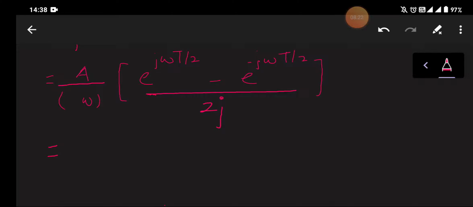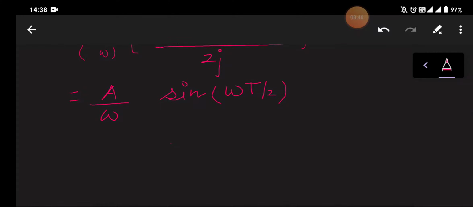Okay, so this will become a sine function. So we have A divided by omega, and here we have sine of omega T divided by 2. Okay, so it is converted to a sine function.